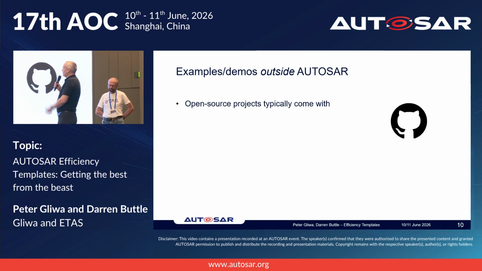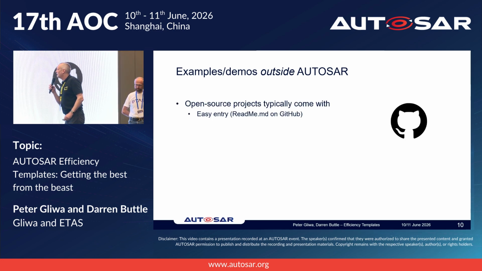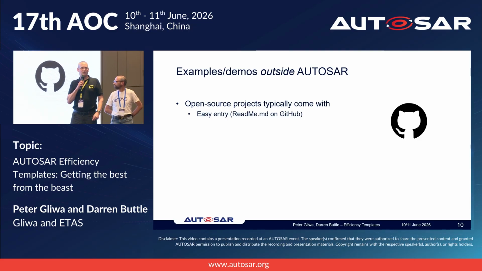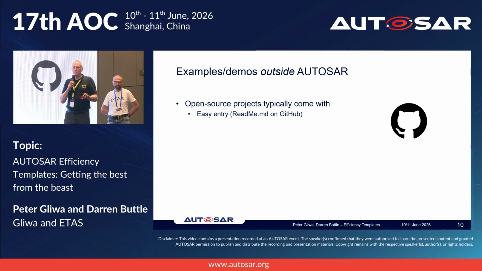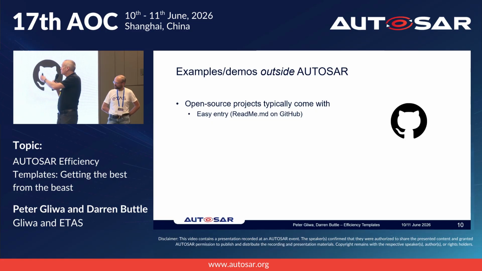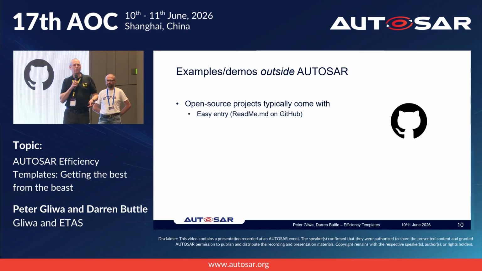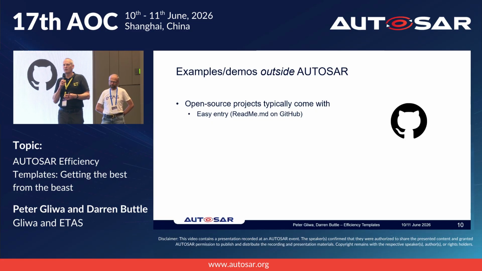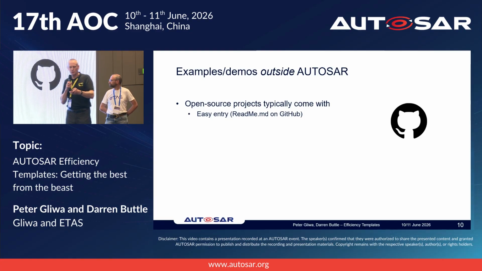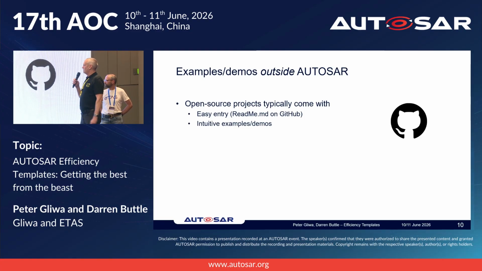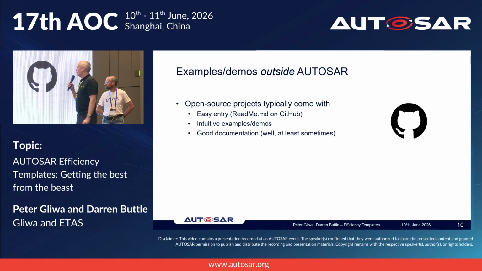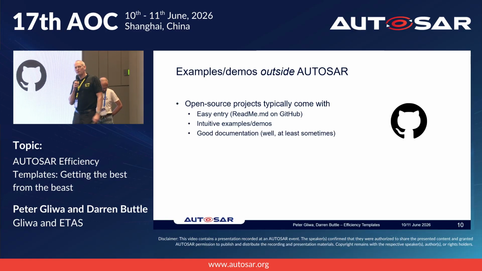Open source projects typically come with easy entry, okay? So people search for something on the internet, they search for something on GitHub, they have the readme.md, and that is their starting point. This is what people expect, an easy start, easy to use. This also comes with intuitive examples and demos, right? And well, not always, but very often with extremely good documentation.